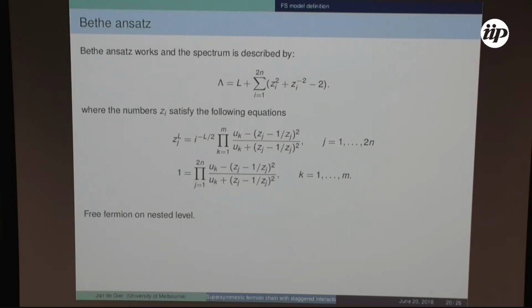Yeah, there's something similar in the Hubbard model. No, it's not a limit of the standard Hubbard model.